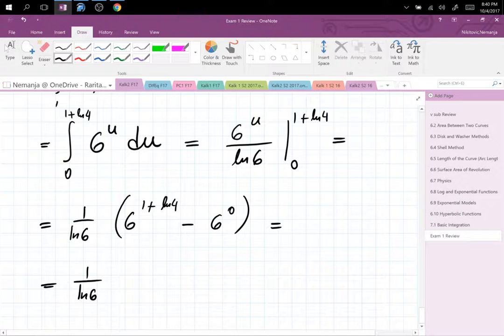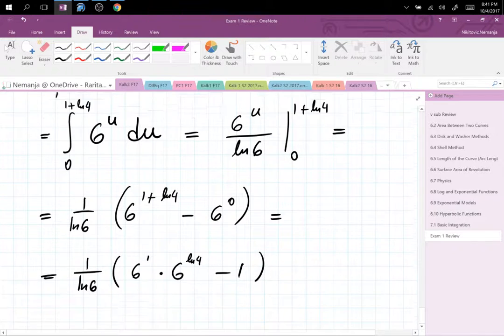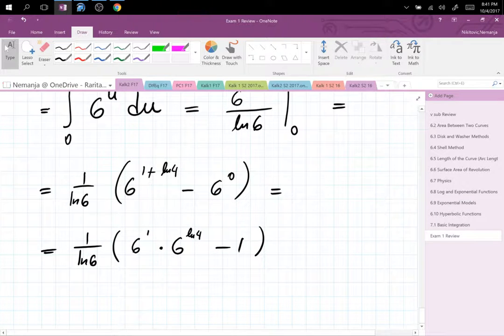So ln 6, this is 6 to the 1 times 6 to the ln 4, minus 1. So we can do that, and that does not help at all.